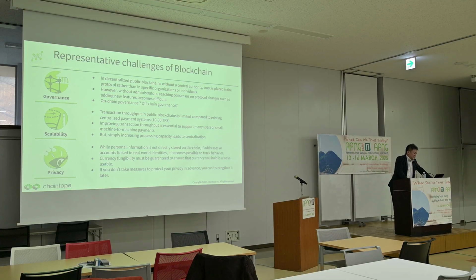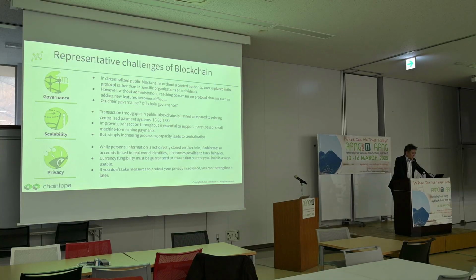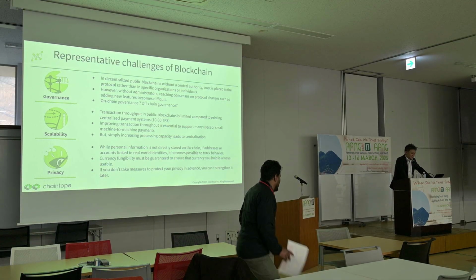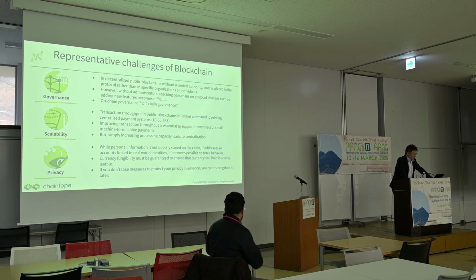However, we cannot simply replace existing systems with blockchain. There are several issues when using blockchain, which operates in distributed environments and has a shared ledger, for business use. I will take three typical issues and explain how we are trying to solve them with concrete examples.